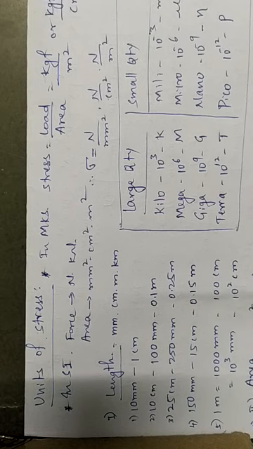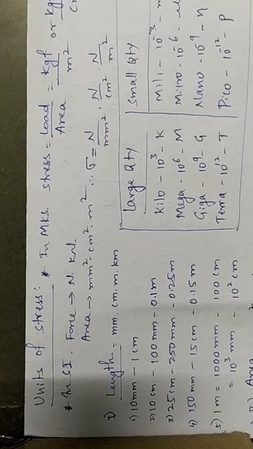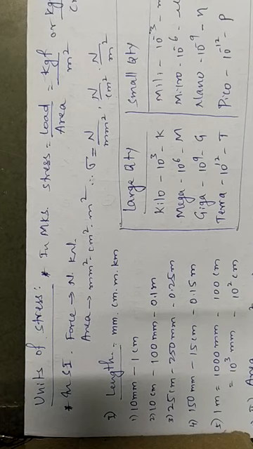Area is measured in mm square, cm square, meter square, kilometer square. Therefore 1 meter square is equal to 1000 mm into 1000 mm, that is 10 raised to 3 squared, 10 raised to 6 mm square.